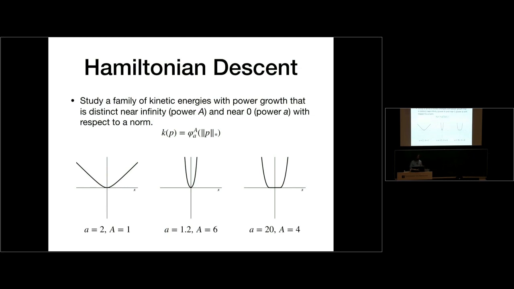We study a family of kinetic energies that have power growth, but that power growth might be distinct whether you're near infinity or near zero. So instead of having the same power everywhere, as in our example, we study a family that can grow like some power far away from zero and some other power near zero. For each of these, we provide conditions on the convex function that ensure exponential convergence.